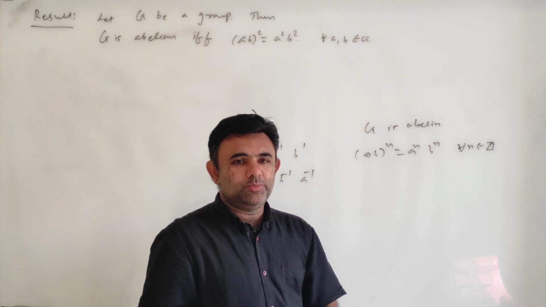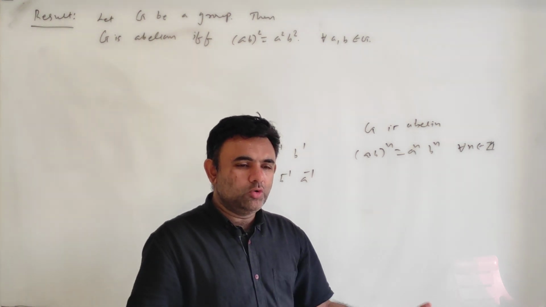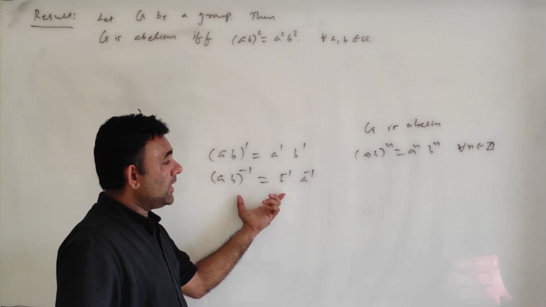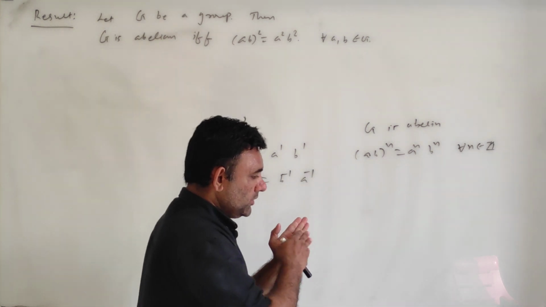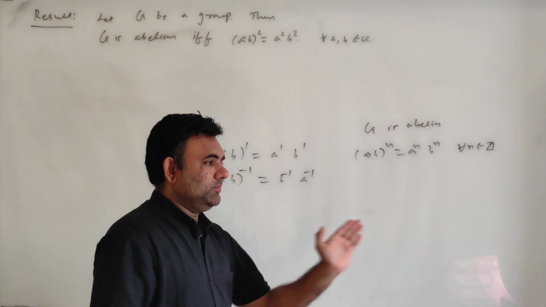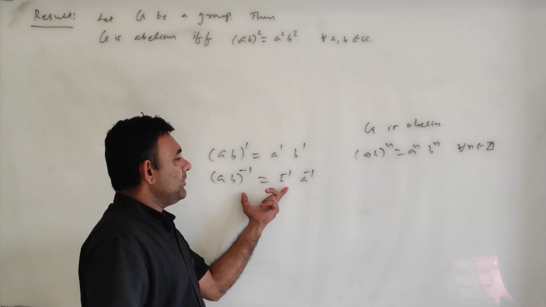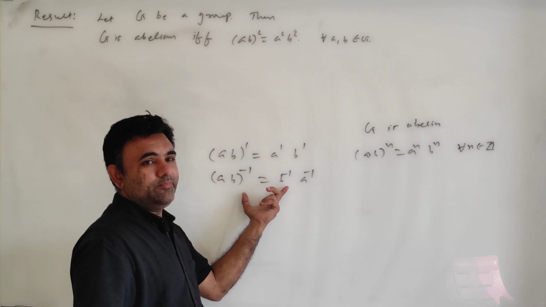But if G is not abelian, or you do not know whether G is abelian or not, then you can't distribute the n power individually from left to right or right to left. But for minus 1 power we have this freedom.